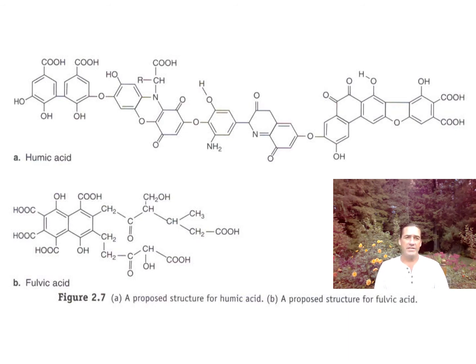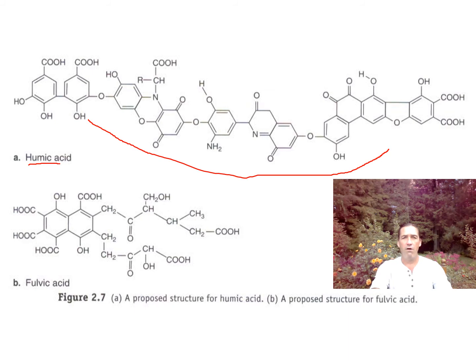There are other examples of weak acids in natural waters. Here are just a couple. Humic acids, fulvic acids. You've probably heard of tannins, the substances in teas and such, tannic acids. All these are organic acids. For example, humic acid, this is just a proposed structure. Humic acids are a class of molecules.